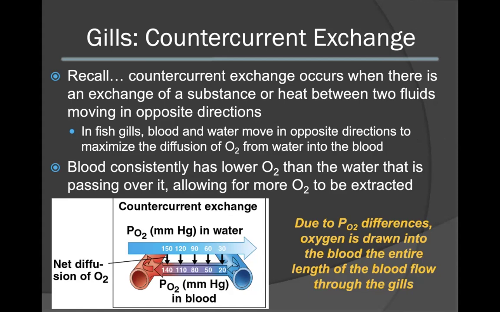In general, blood will always have a lower oxygen level than the water that is passing over it. This property allows for the maximum amount of oxygen to be extracted from water. Due to the partial pressure differences, oxygen is always drawn into the blood during the entire length of the blood flow through the gills.